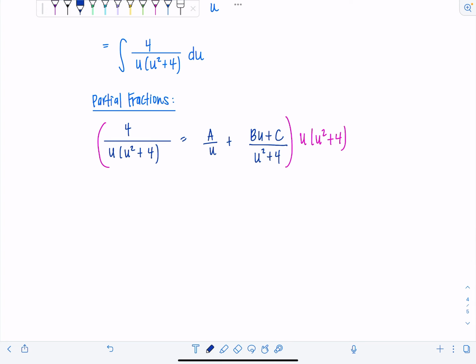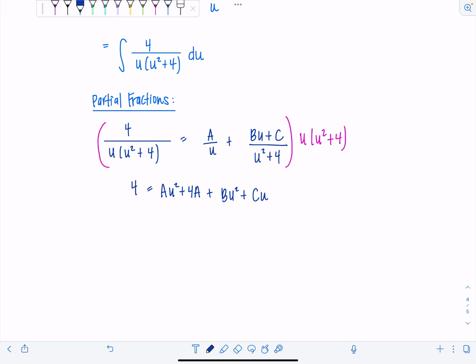And then on the left-hand side, we'll just have 4 equals, so the u's will cancel. I'm going to distribute right now. au squared plus 4a plus, and then here this u squared plus 4 will cancel. So I'm just going to distribute the u. And we'll have bu squared plus cu.